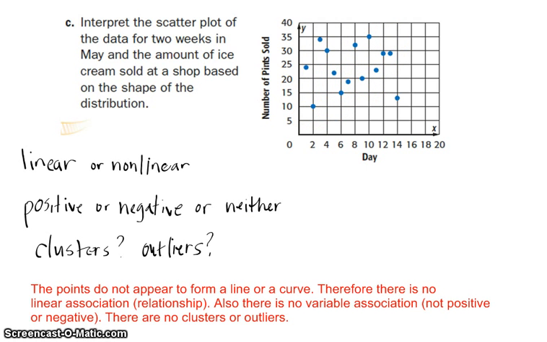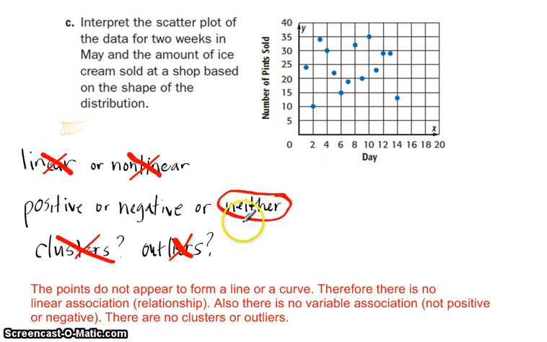So really, in this case, it's not linear and it's not nonlinear. It's neither, and you can have that. Positive or negative slope, do these go down or do these go up? Neither. And there aren't any clusters or outliers because they're all clusters and outliers. They're all over the place.